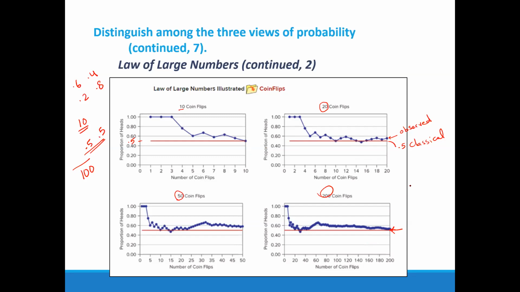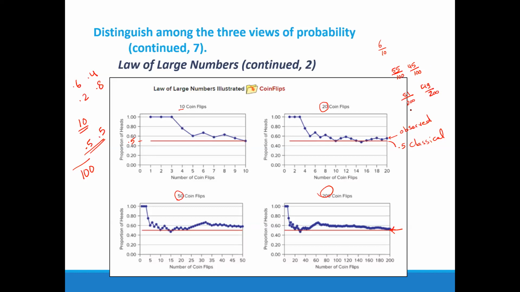So think about it like this. Here we got, for example, 6 out of the 10 times. But out of 100 it will be very close, for example, 55 divided by 100. So it's really approaching 0.5. And out of 200 it may be very, very close to 0.5, and so on.